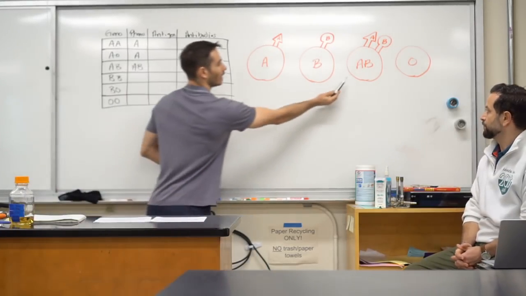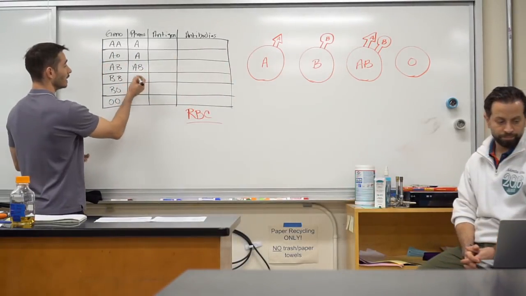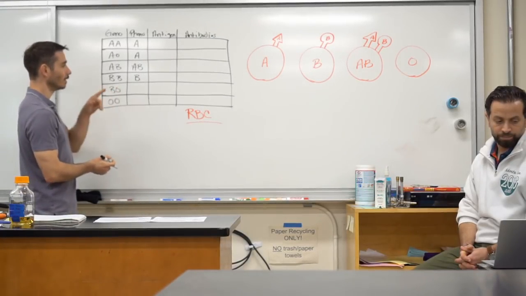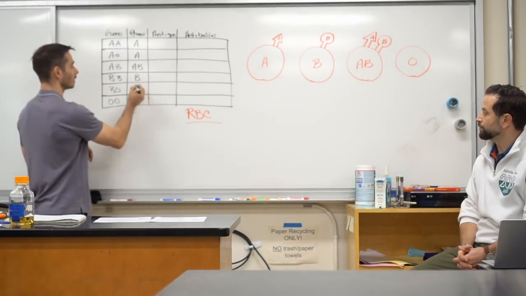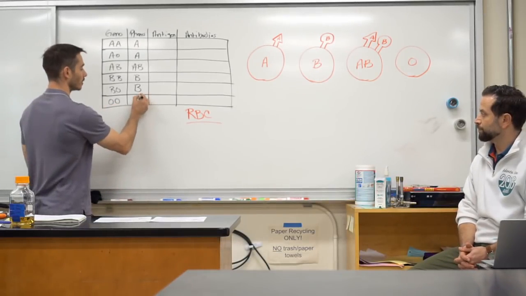So we can see here, AB codominant, we have two antigens. If you're BB, then you are phenotype B. If you're BO, you're also B, because it's recessive. If you're OO, if you have two recessive alleles, your blood type is just O.